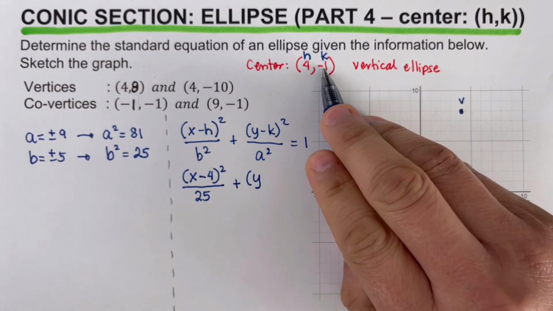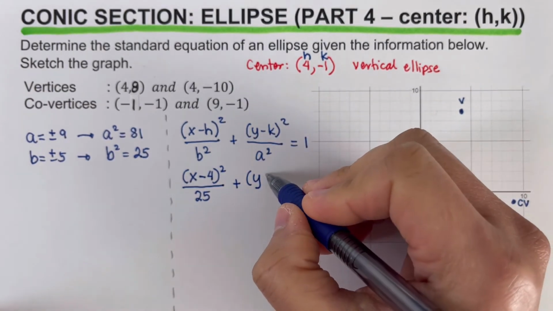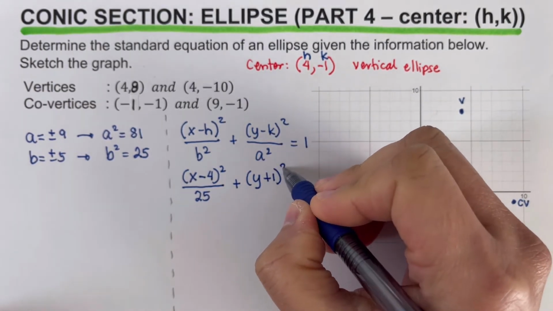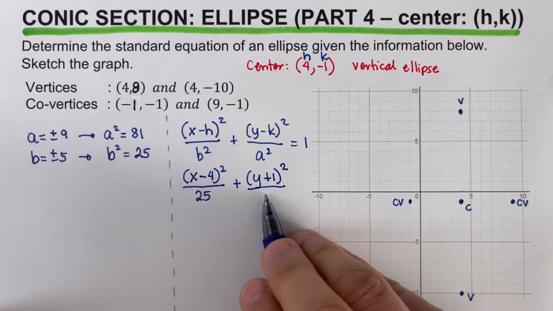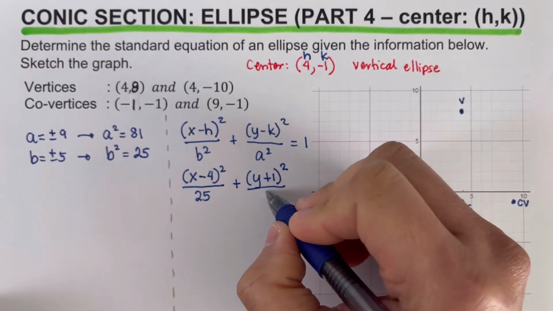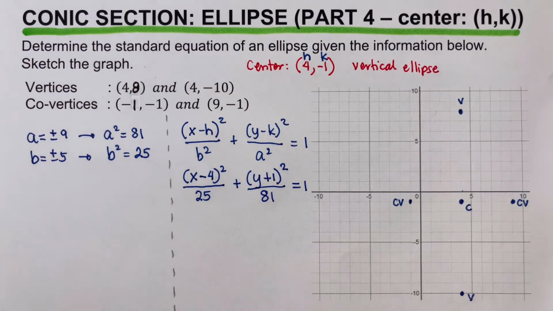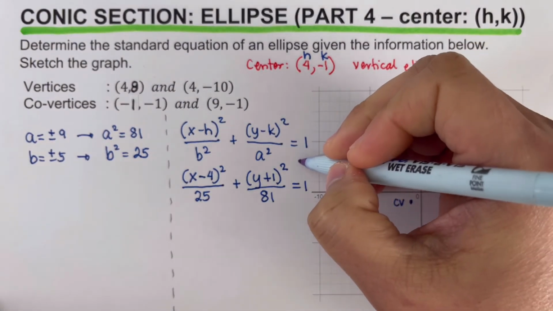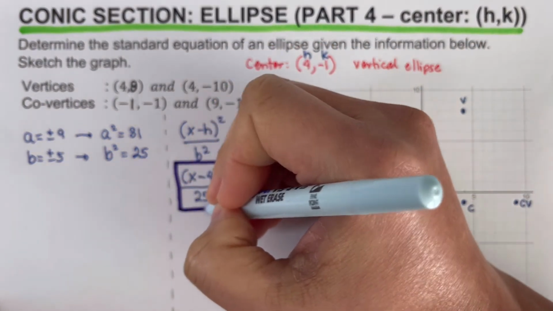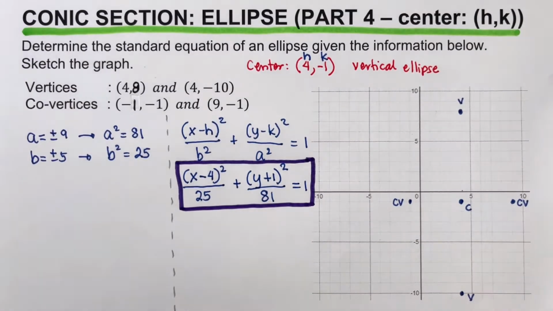Our k is negative 1, switch, so that would be y plus 1 squared over our a squared, which is 81, and that is equal to 1. So this is the equation for this problem that we have up there. Now we can go ahead and sketch the ellipse.